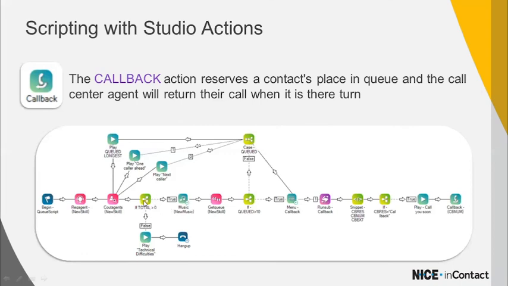Suppose the caller has waited more than 15 minutes, so they should get some kind of message, like, we are just taking your call right now, so just stay on the line for a few more minutes. The call is requeued, and goes to the main menu.